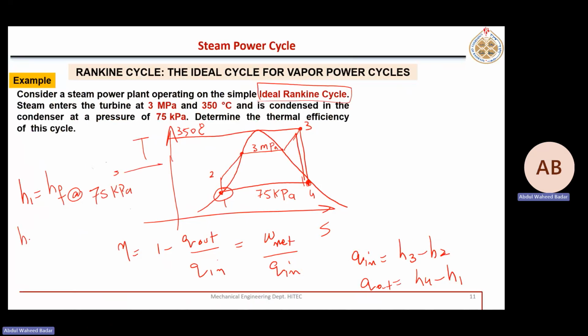H2 is H1 plus V times (P2 minus P1). What is V? V1, and V1 is equal to Vf at 75 kilopascal.